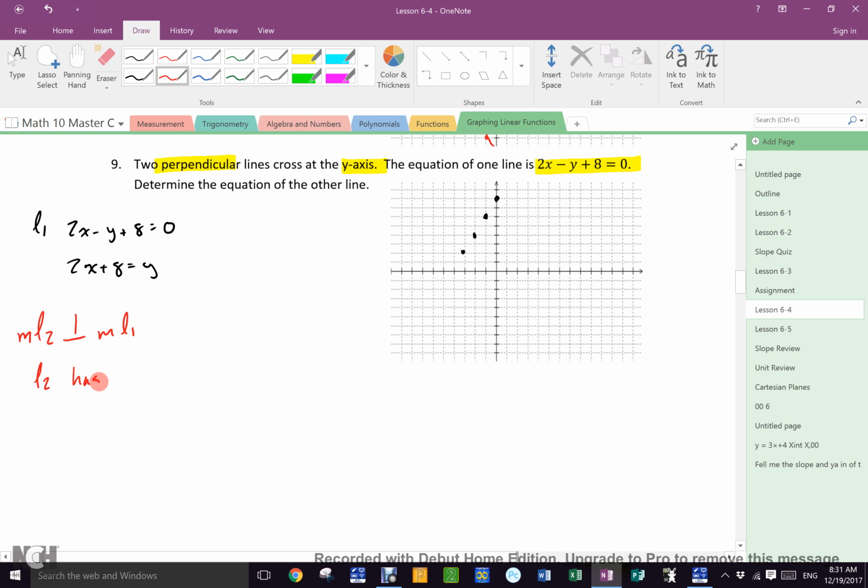Line 2 has what y-intercept? Great. So, if this is line 1, and line 2 is perpendicular but shares the y-intercept, what is line 2's equation? We know we can write it as y equals mx plus b because we have a slope and a y-intercept, don't we? What is the y-intercept?